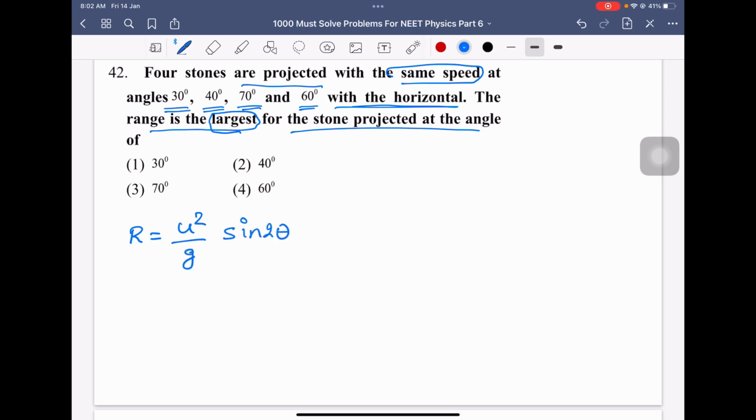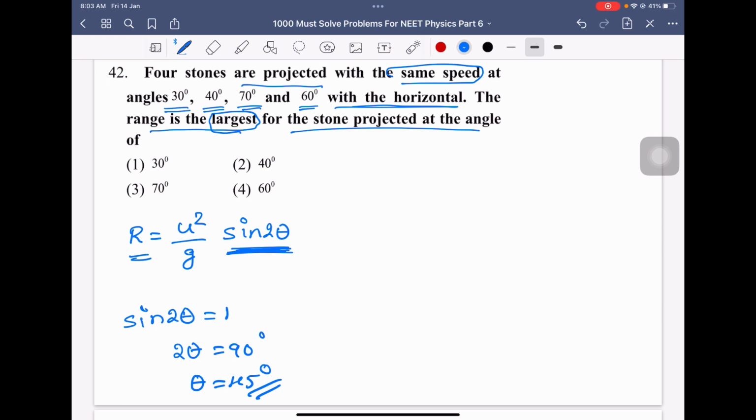We know that at 45 degree the range is maximum. If range has to become maximum, sine 2 theta has to become equal to 1, because the maximum value of the sine function is 1, so 2 theta should be 90 degree, because sine 90 is 1, or theta equals 45 degree. For maximum range, the angle should be 45 degree.